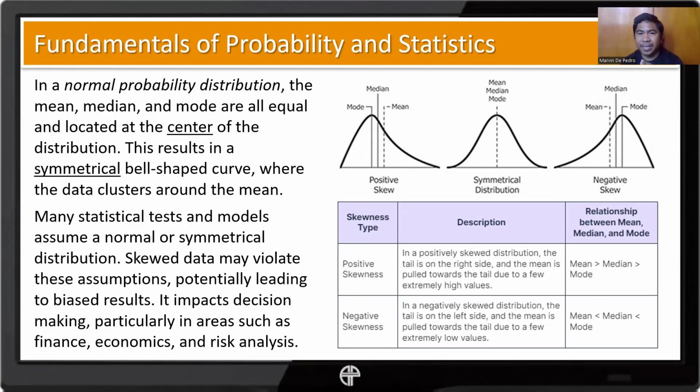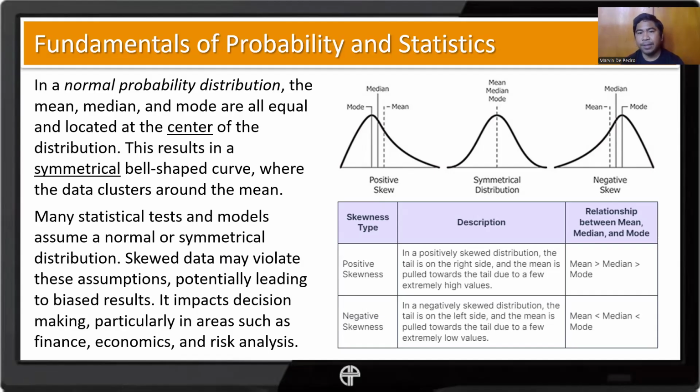This is the tail, by the way. If you can see this, this is the tail. And the mean is pulled towards the tail due to a few extremely high values. Okay, so here, positively skewed, the mean is greater than the median and the mode.